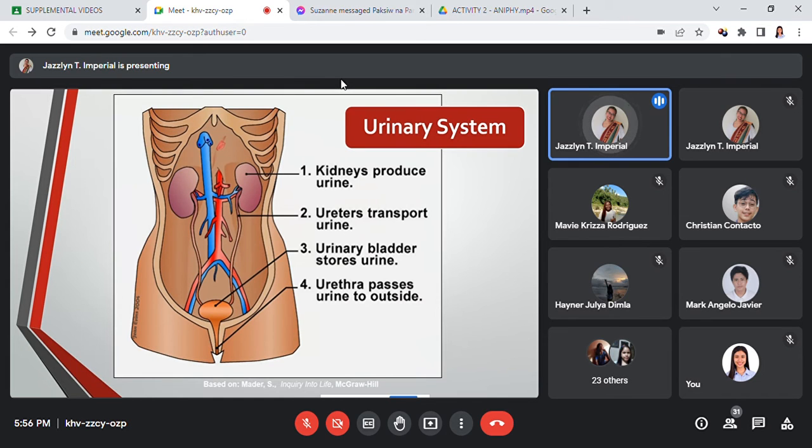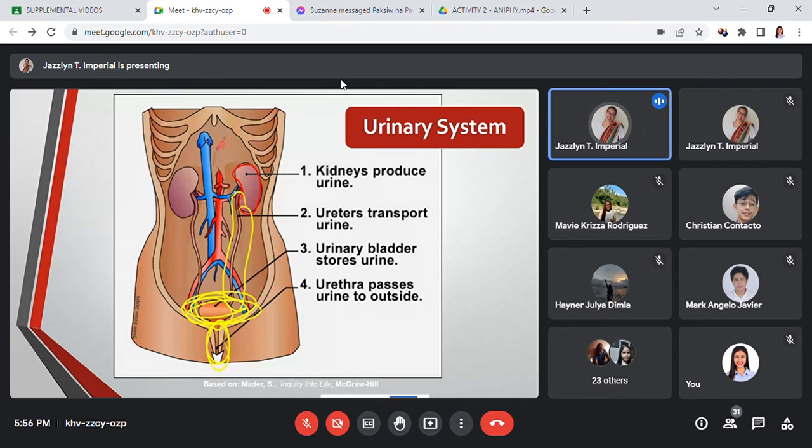So for the urinary system for humans, these are the general parts. You have the kidney which produces urine. You have the ureter which transports urine. This is your kidney, this is your ureter, and of course, this is your urinary bladder, and of course, your urethra.